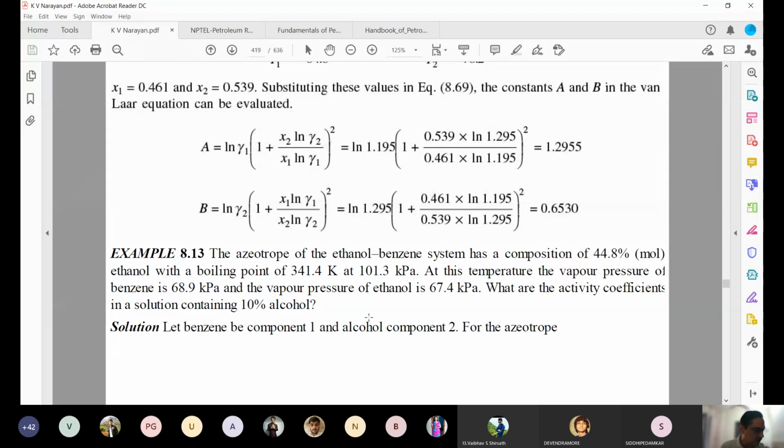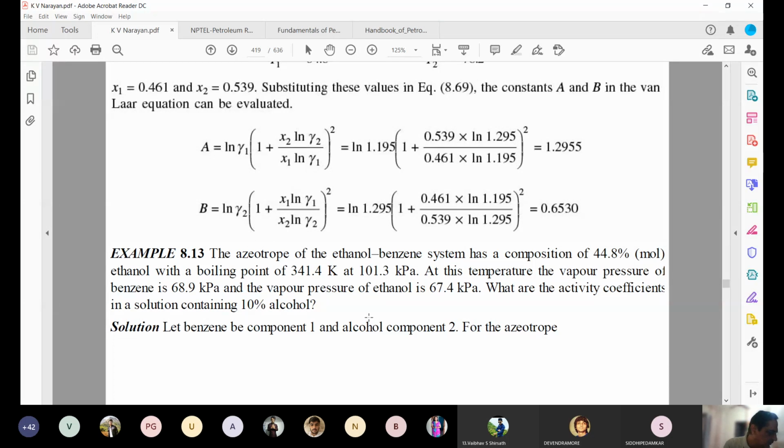Second part is, what are the activity coefficients of a solution containing 10% alcohol? Right? So once you get A and B, you can find out gamma 1 and gamma 2, similar to the problem which we have done.